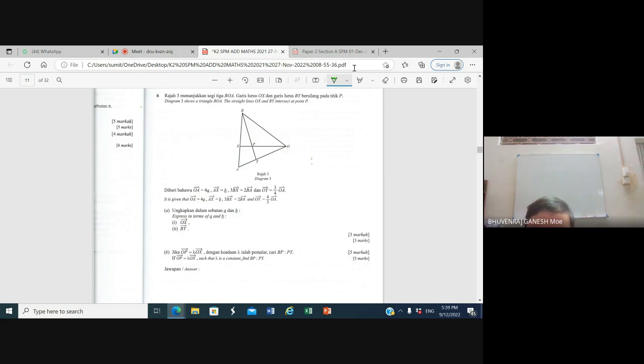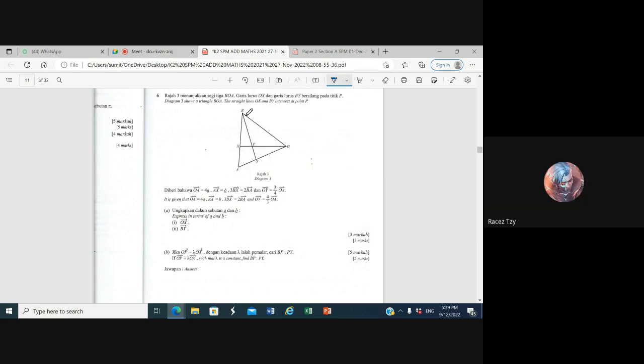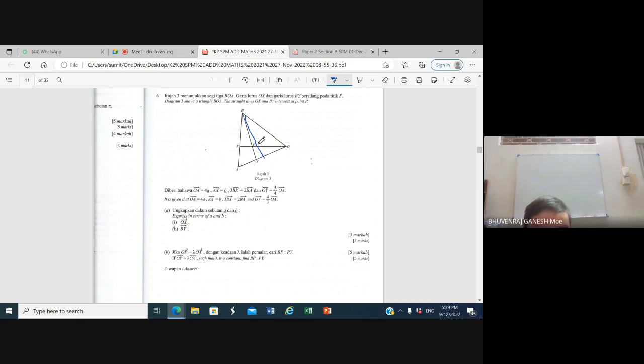You locate where BY is first. We have OA already. You have to draw it out first because I rubbed it off already. OA is A, and then AX is B.